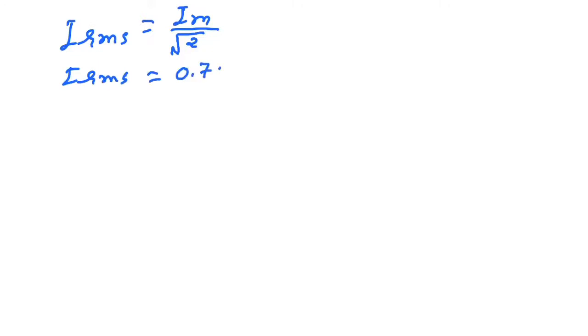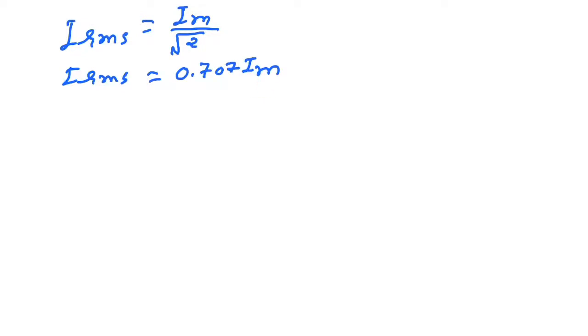Therefore, I RMS is equal to Im divided by root 2, or I RMS is equal to 0.707 times Im. So RMS value of alternating current is given by maximum value of alternating current divided by root 2, or 0.707 times maximum current.